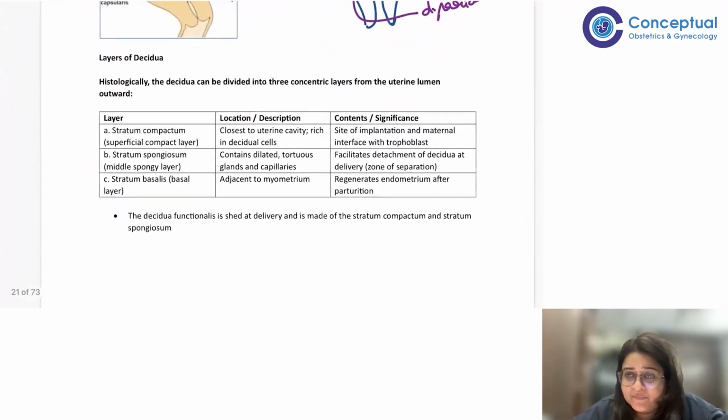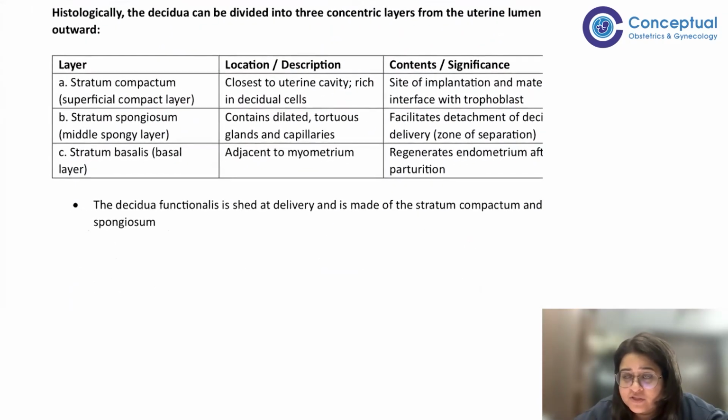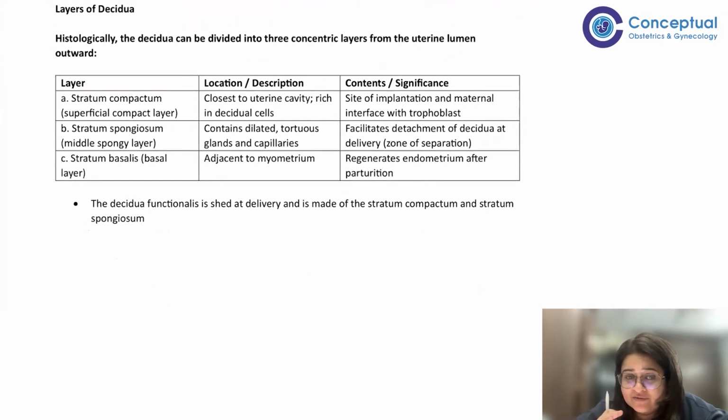Draw the diagram. Also, you can write the histological classification. You have at the bottom the basal layer, which will stay and doesn't get shed off. Then the middle layer, the spongy layer, decidua spongiosum, which is the layer of separation of the placenta. Then you have the stratum compactum, the superficial compact layer.